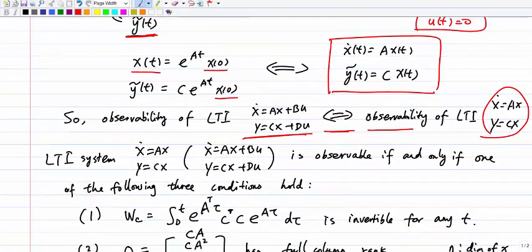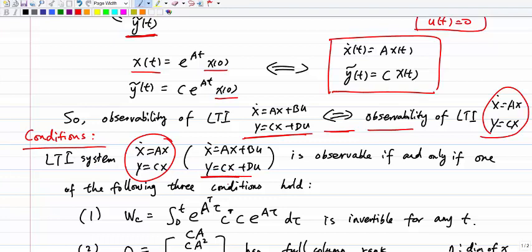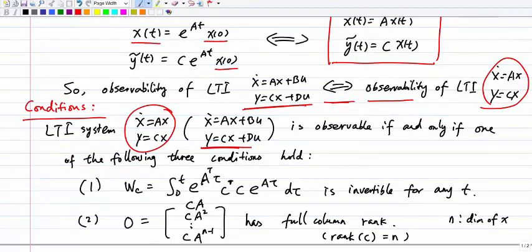So here we come to the conditions that can guarantee the observability of a linear time invariant system. This theorem says a linear time invariant system given by this form, which also applies to this guy, is observable if and only if any one of the following three conditions holds.